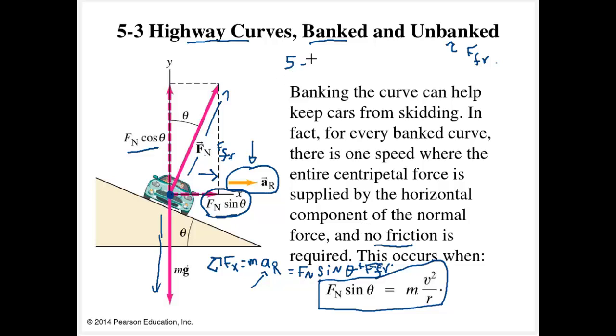Example 5.7 in your book calculates what that angle must be, given some velocity and radius and everything like that. Make sure you're familiar with that. Take a look at that guy and how they set that guy up. Although if you think about it, you can choose angles steeper and steeper, such that a car could handle larger and larger turns.